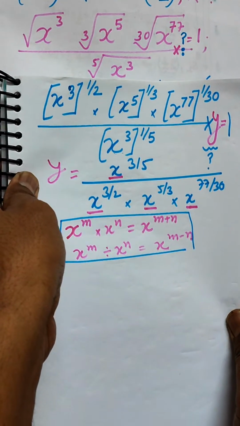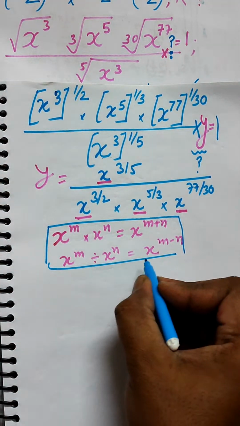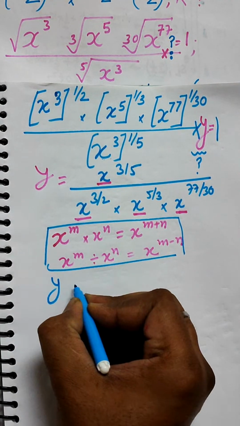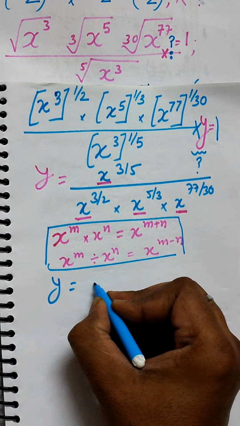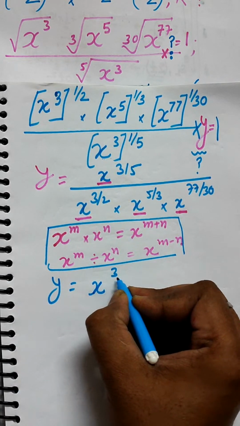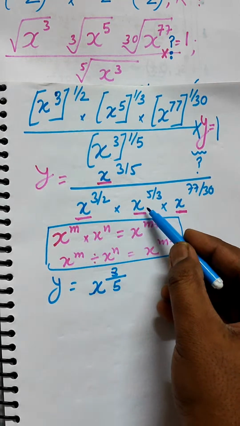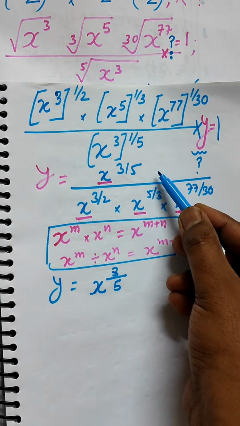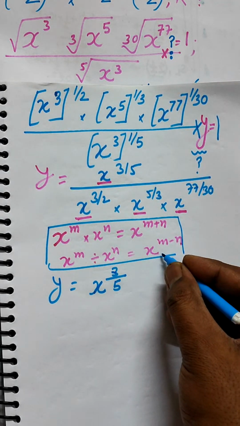Now this will give you the above value of y. Using this formula, y can be calculated as x power, I'm doing it in one step only, not writing various steps, because you can see this is multiplied, so these exponents will be added, and when we bring them into the numerator, they will be subtracted by using the second formula.